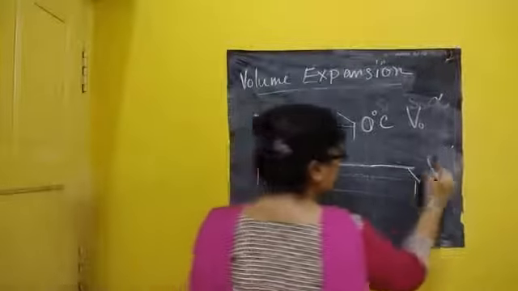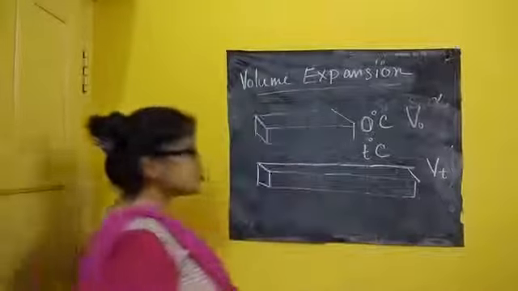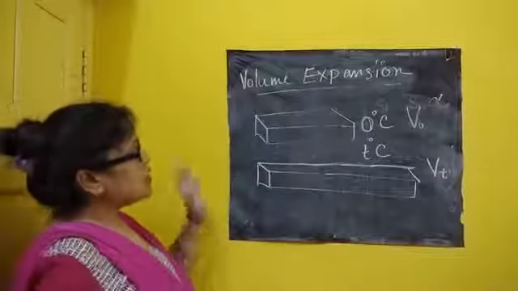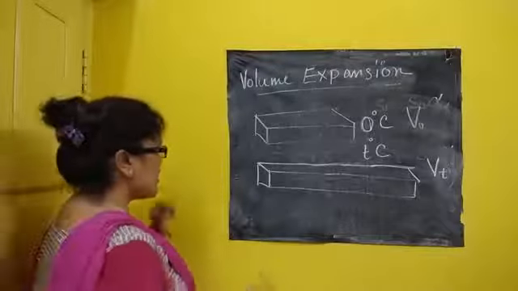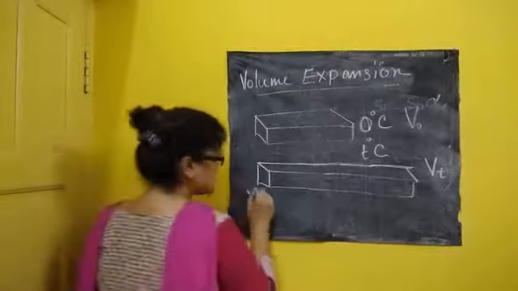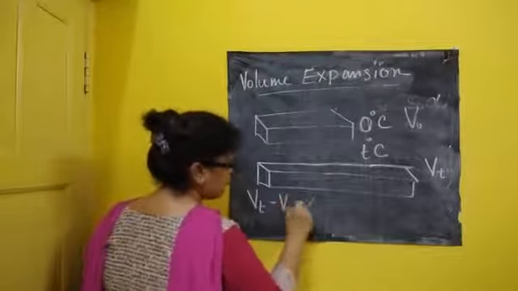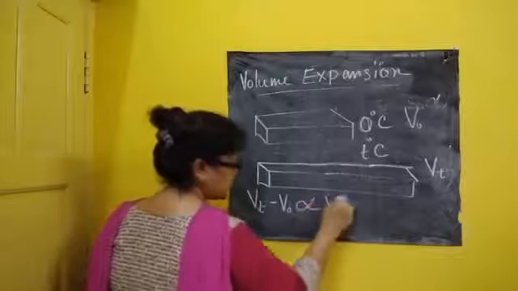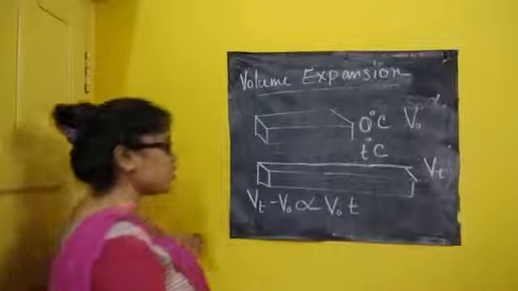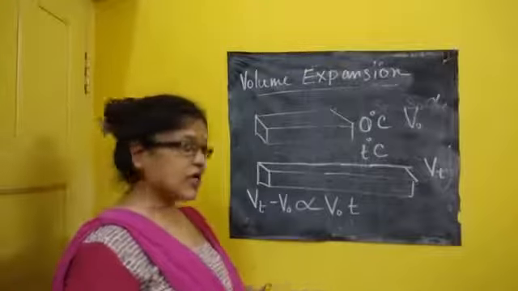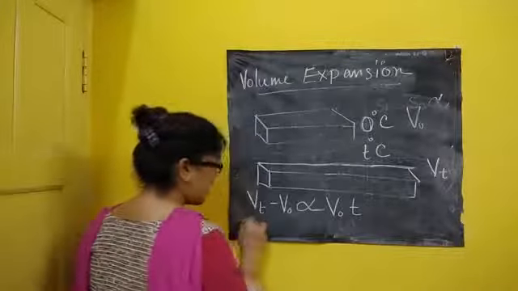So right now it is Vt at T degrees Celsius. Just like linear expansion and superficial expansion, here the change in volume, Vt minus V0, will be proportional to the initial volume and the change in temperature.